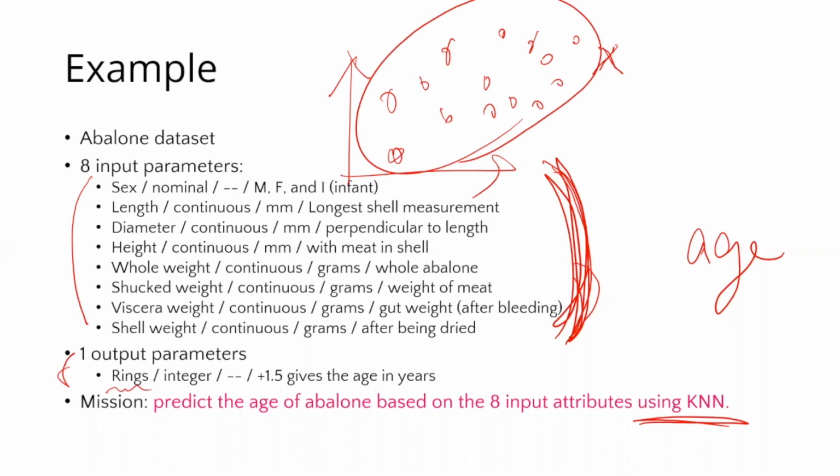What I'm going to do is measure the distance from the query point to all the other points, and then find the ones that are closest to the query point, which is the k-nearest neighbors. And then we're going to take the ages of those nearest neighbors, and the average age of those neighbors is going to be the prediction of the age for the query point.